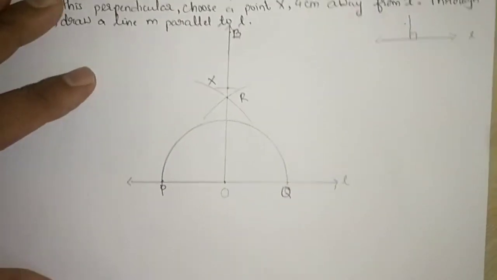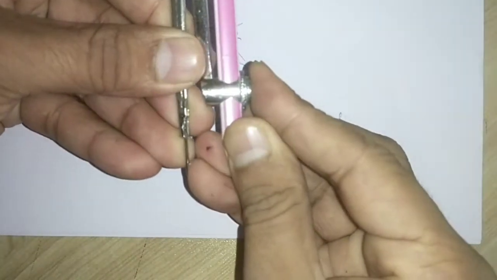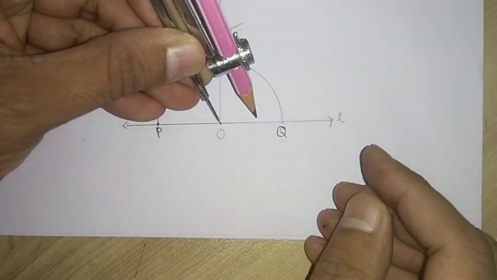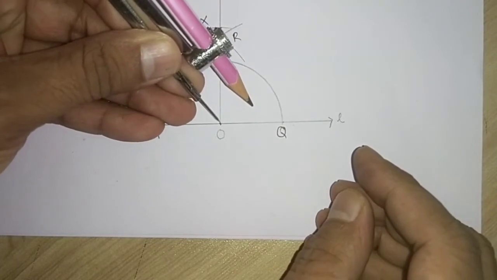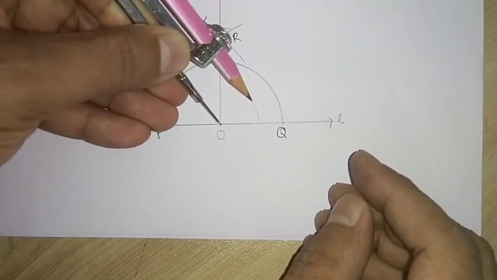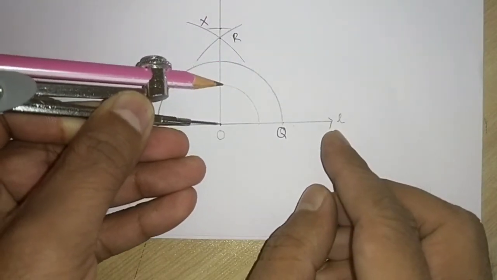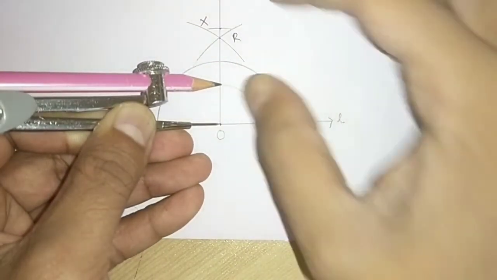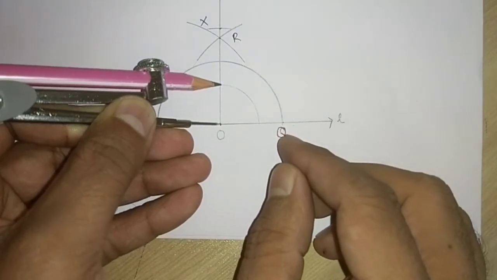We will take our compass, open as much as you want, place it on O, and draw one arc which intersects L and OB at 2 points.